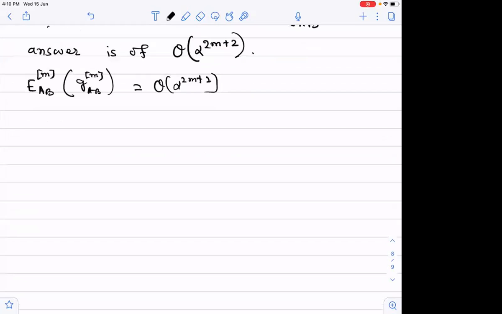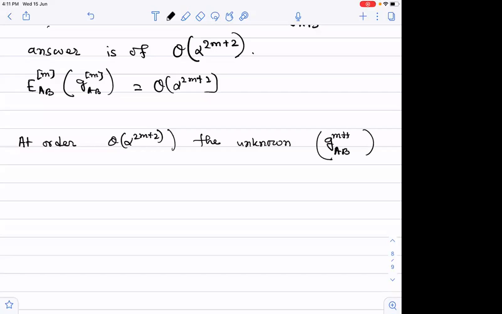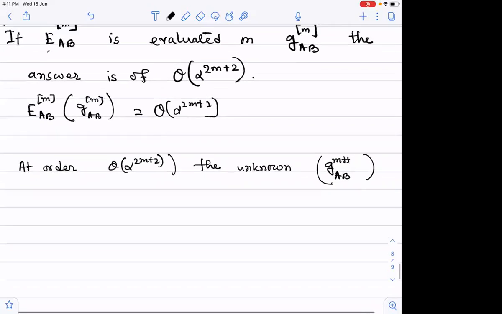Now the next thing is, at order alpha to the 2m plus 2, if we want to solve it, up to order alpha to the 2m everything is solved. The thing that is not known is g_{m plus 1}, because up to g_m everything is solved using E_m. So g_{m plus 1} is the new unknown at order alpha to the 2m plus 2.